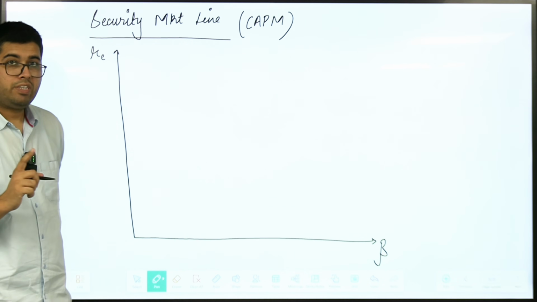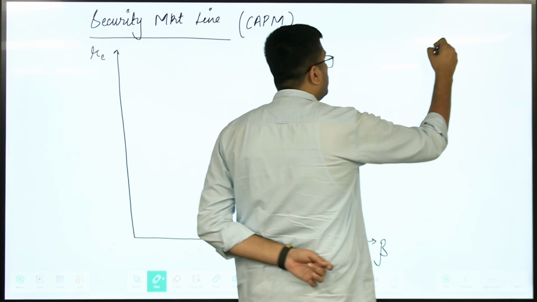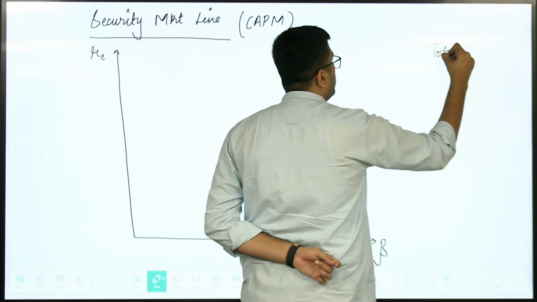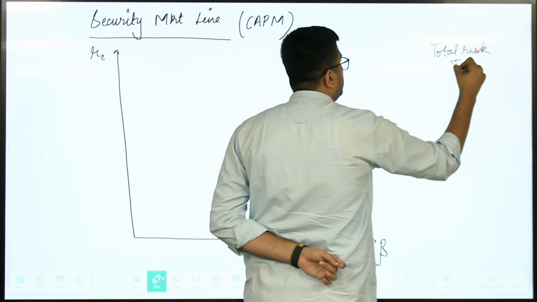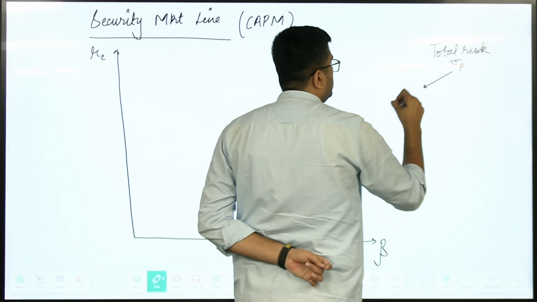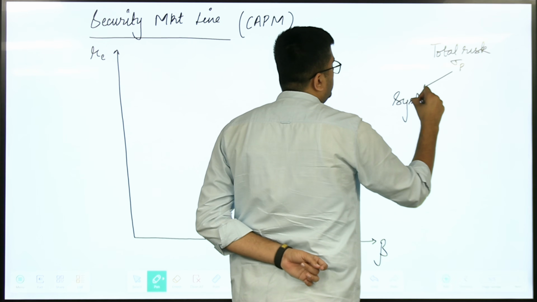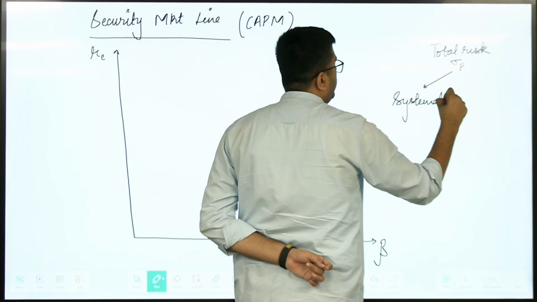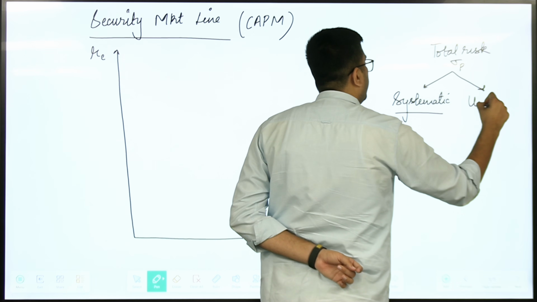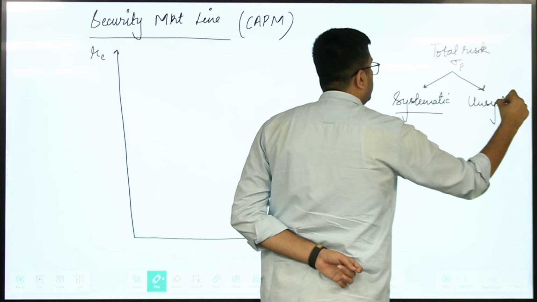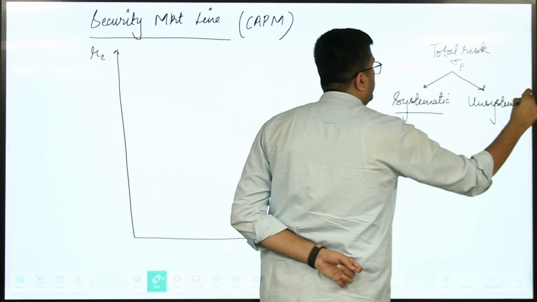Beta is a measure of systematic risk. So total risk that a security is exposed to can be split into systematic, which is system-wide risk. Basically, every security in the market will be exposed to this. And then we have unsystematic risk, which is specific to a company or an industry.